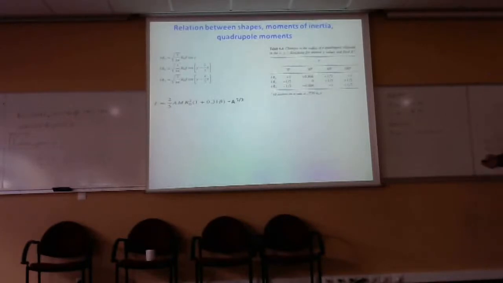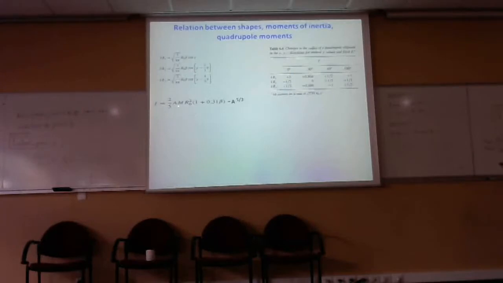For a nucleus, the mass is the number of nucleons times the mass, and r goes as A to the 1/3, so r squared is A to the 2/3. So the moment of inertia goes as A to the 5/3. That means as the mass of the nucleus increases, the moment of inertia will increase.